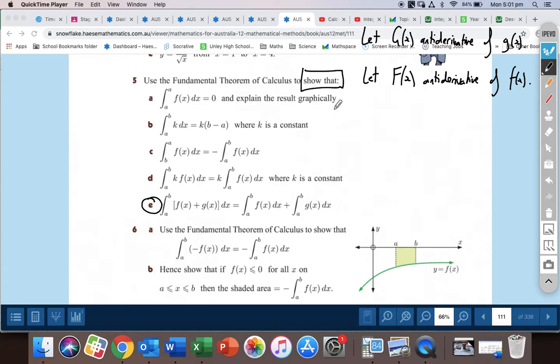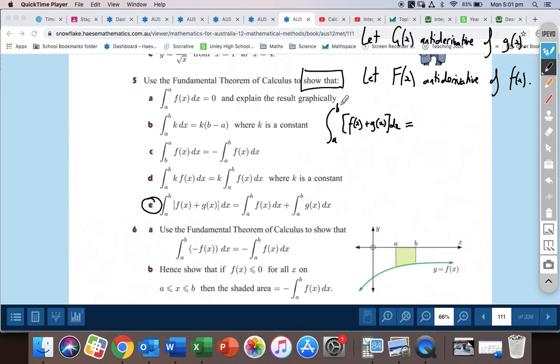We need to integrate all of f of x plus g of x. So that's going to look like this, plus g of x dx. Okay, so this whole thing is together.